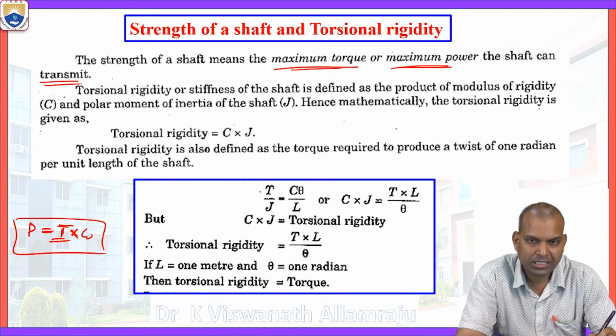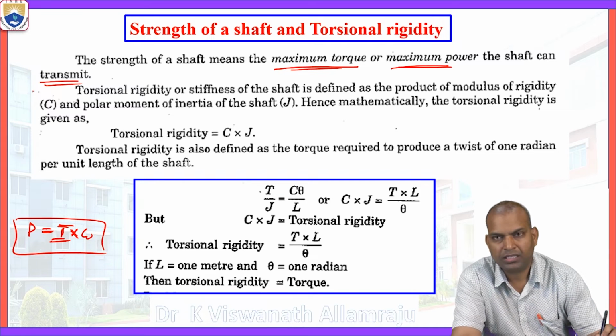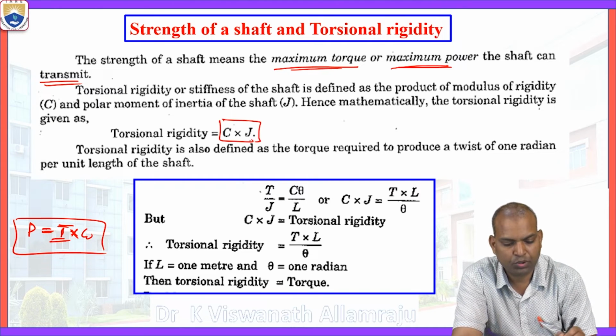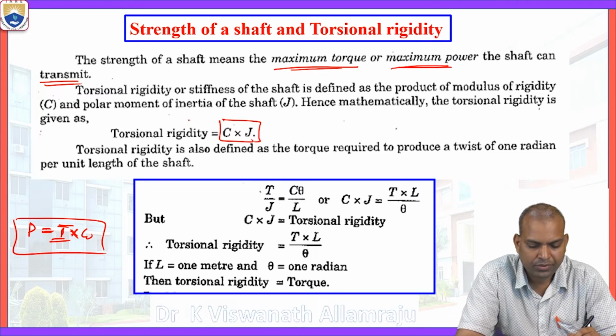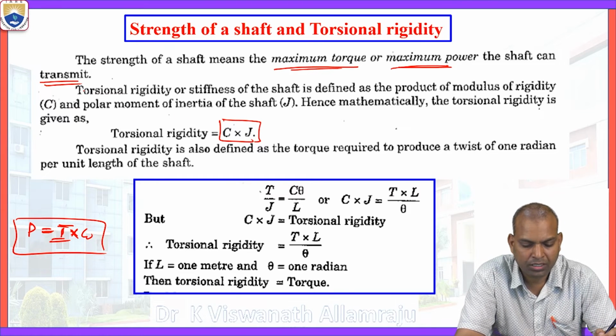Now here is the torsional rigidity or torsional stiffness of the shaft. This torsional rigidity is mathematically CJ. CJ is known as the product of the modulus of rigidity times the polar moment of inertia of the shaft, and that is the torsional rigidity.